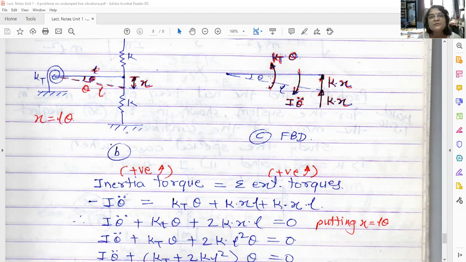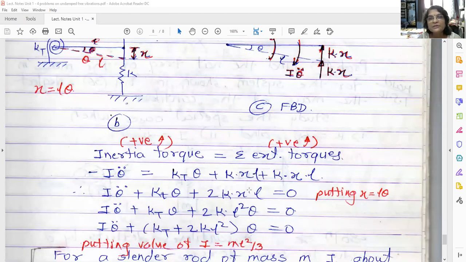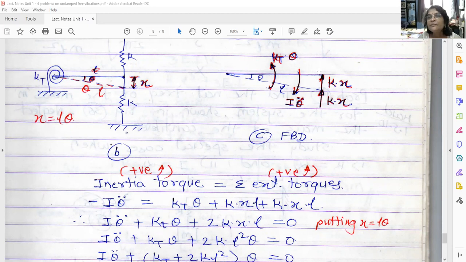See here, this is your L. Kx is the force, and here also x is equal to L theta. We have considered x is equal to L theta. Actually, this should be x1.